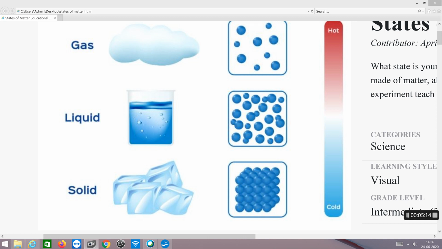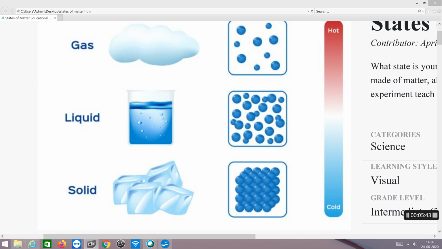The force of attraction between the particles of the same substance is called the force of cohesion. That means in water, the molecules are attracted together. So there is an attractive force between water molecules. This force is called the force of cohesion.